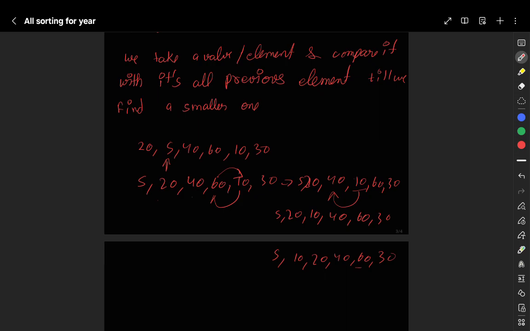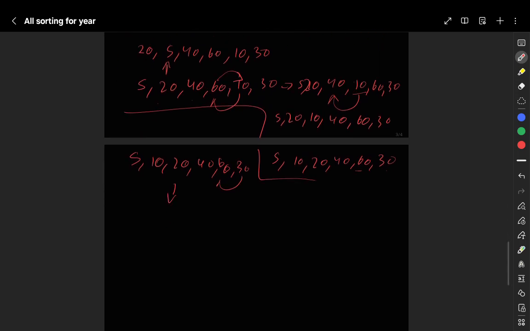Okay, so we are here. We check 30, which is smaller than 60, so we swap. After swapping we get 5, 10, 20, 30, 40, 60. 30 is smaller than 40.